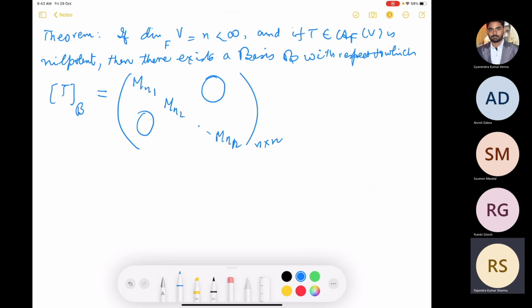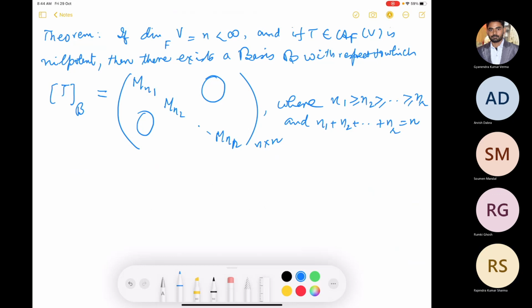All other entries are zeros. Even if I don't write the zeros, it means that they are zeros. You can also write these n1, n2, up to n_r in that order, and the sum of these n_i is the dimension of the vector space. So this is what we want to prove.